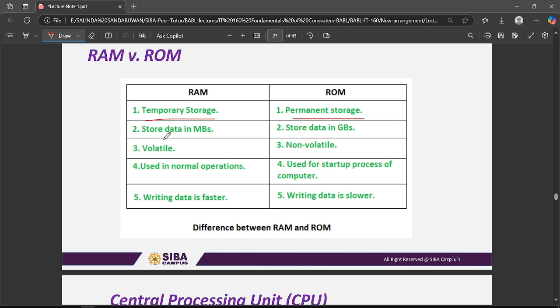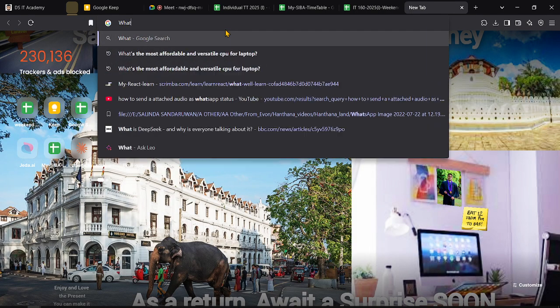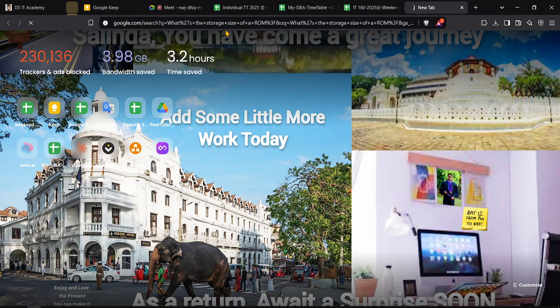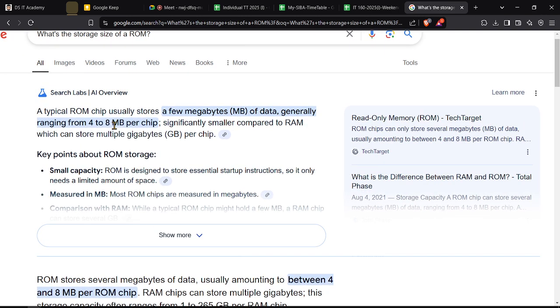RAM stores data in MBs, megabytes. ROM stores data in GBs, right? So we'll see what's the typical size of ROM. What's the storage size of ROM? A typical ROM chip usually stores a few MBs of data, generally ranging from 4 MB to 8 MB per chip.